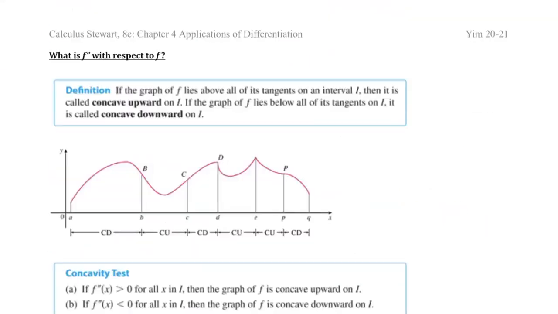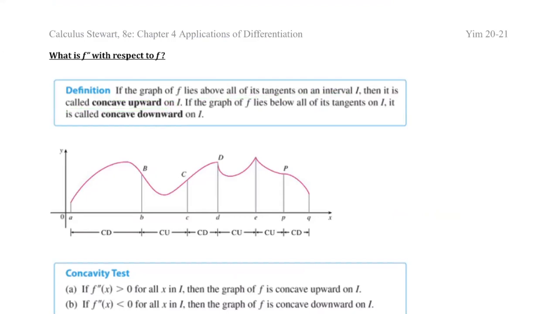The next page. Graph of f lies. This is an interesting way of defining what's concave up or down, right? Every book does it a little bit differently, but this is quite interesting. If the graph of f lies all above the tangent on the interval, then it is called concave up.